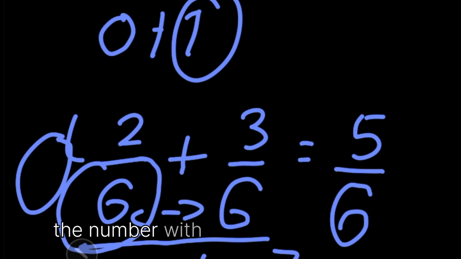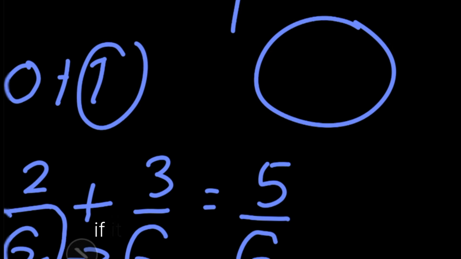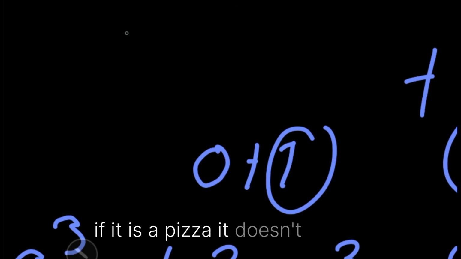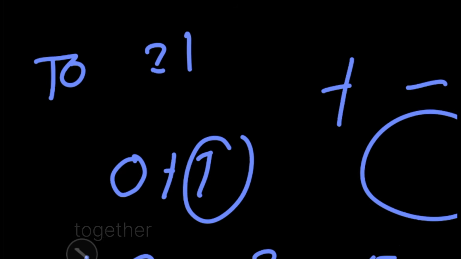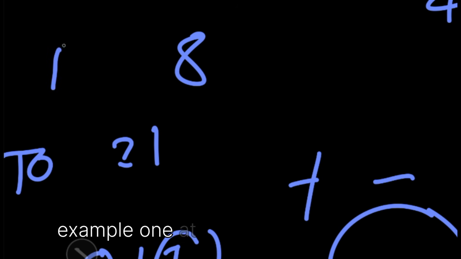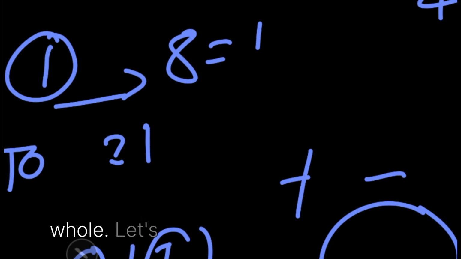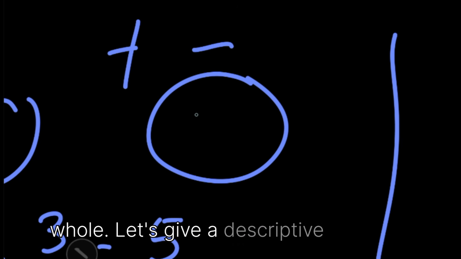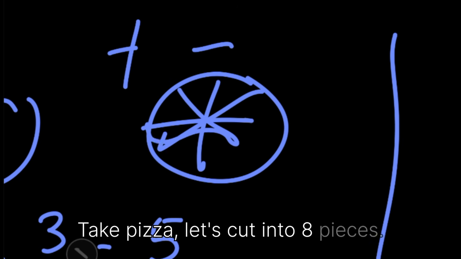You always compare the fraction that makes one whole. If it is a pizza, it doesn't matter. Whatever it is, the total added together will give us one whole. For example, 1 by 8 eight times will give us one whole. Let's give a discrete example. Take a pizza and cut it into 8 pieces.